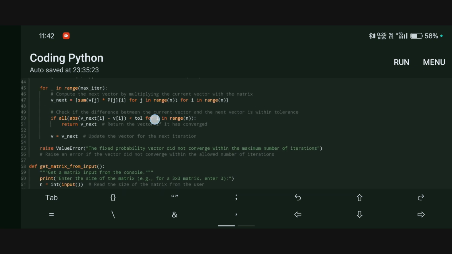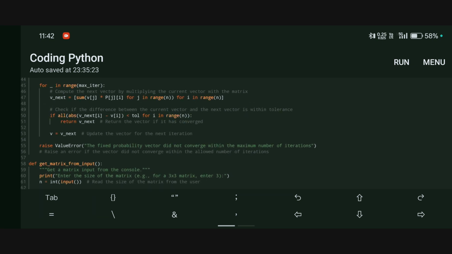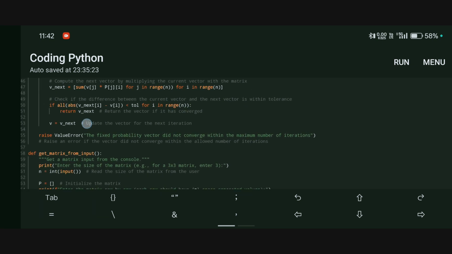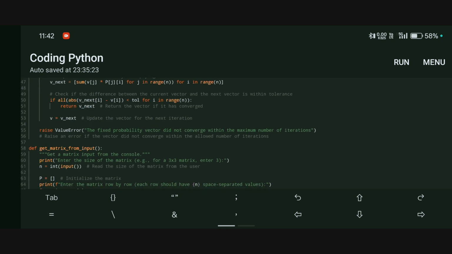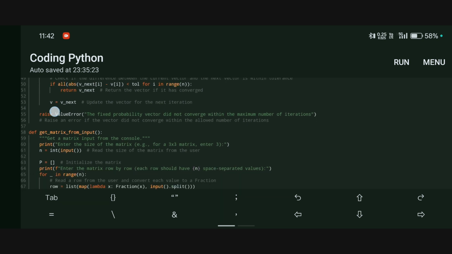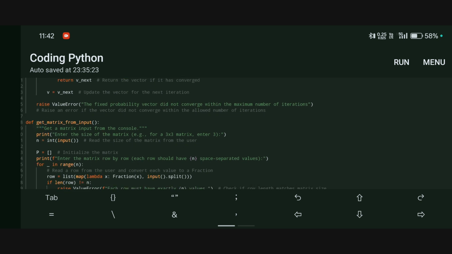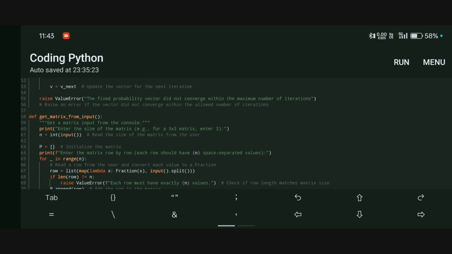Check if the difference between the current vector and the next vector is within the tolerance, then return converged, else not converged. Raise a value error if the fixed probability vector did not converge within the maximum number of iterations.